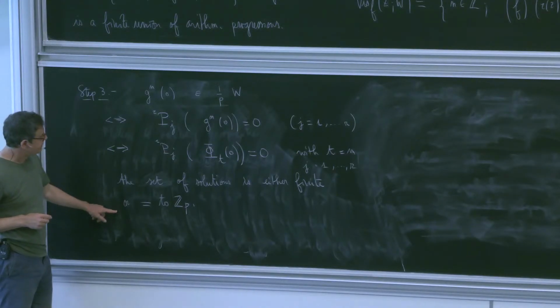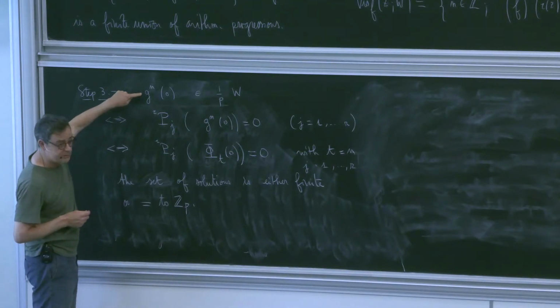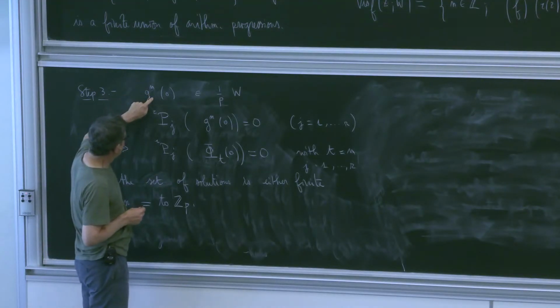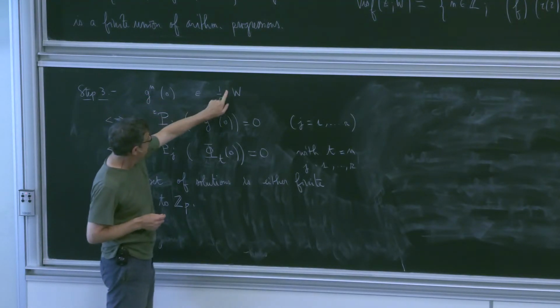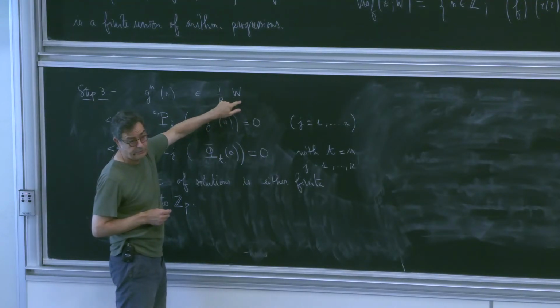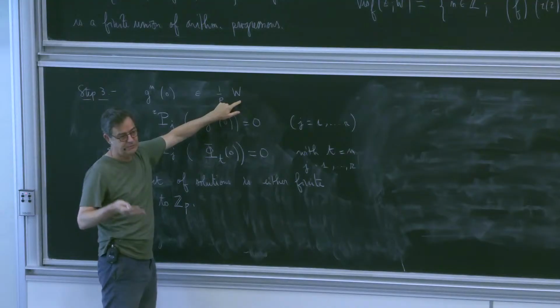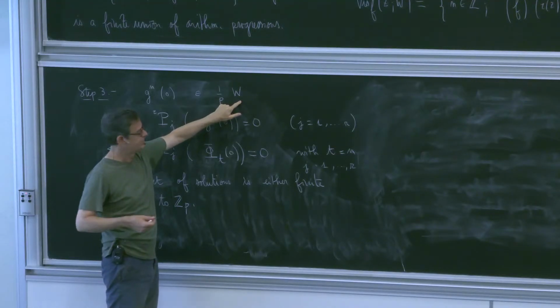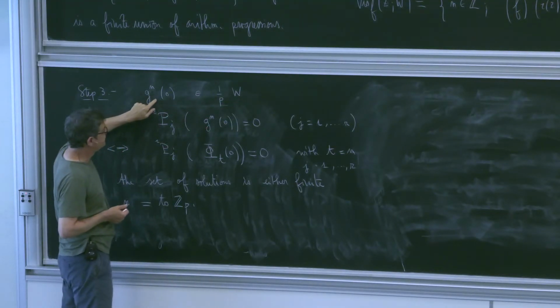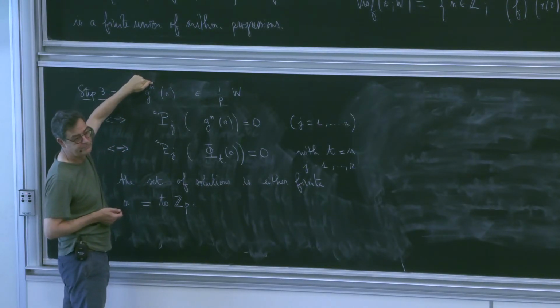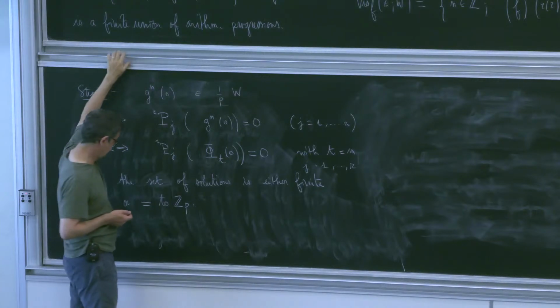Okay. In other words, when I come back to this property, the set of times for which the orbit visits 1 over pw is either finite, and I'm good, okay? A finite set is a finite union of arithmetic progressions, or it's infinite, and then it's satisfied, in fact, for all times n. Okay. Is it clear?